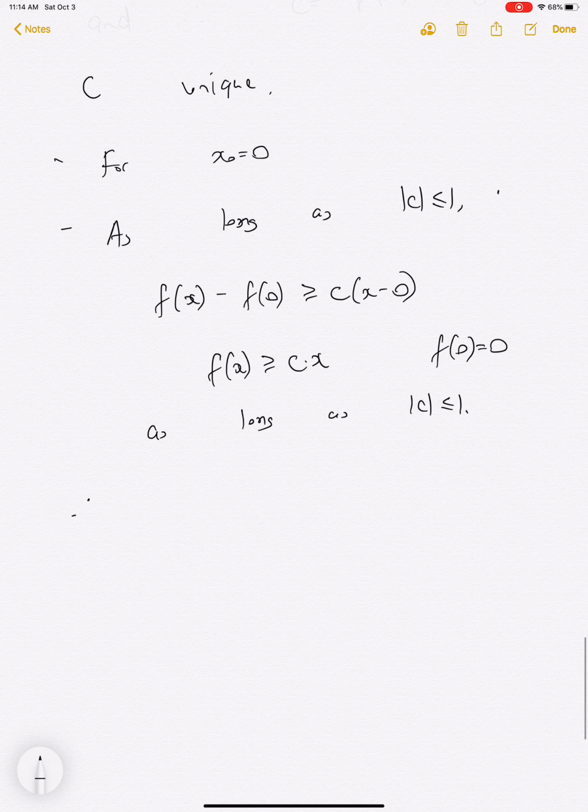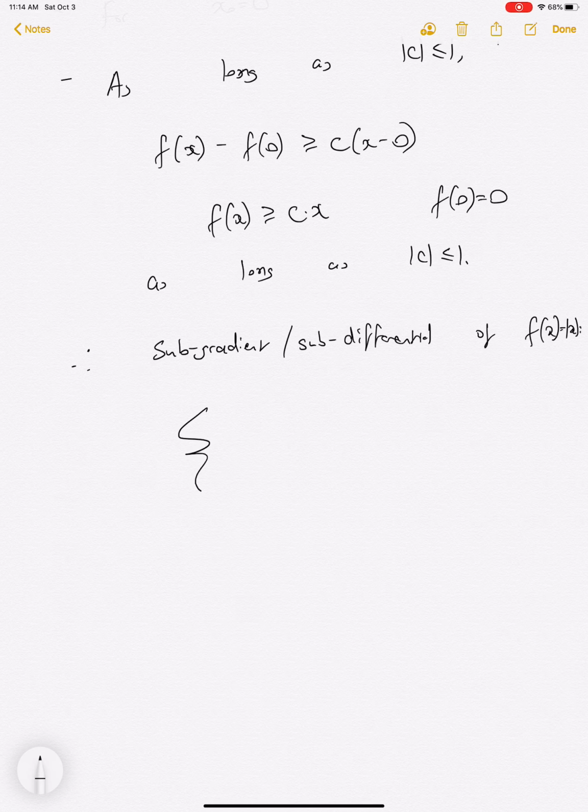Therefore, the subgradient, or sometimes called the subdifferential, of f of x equals absolute value of x is plus 1 if x is bigger than 0, as we've spoken about. It's negative 1 if x is less than 0. And it can be anything between negative 1 and plus 1 for x equals 0.